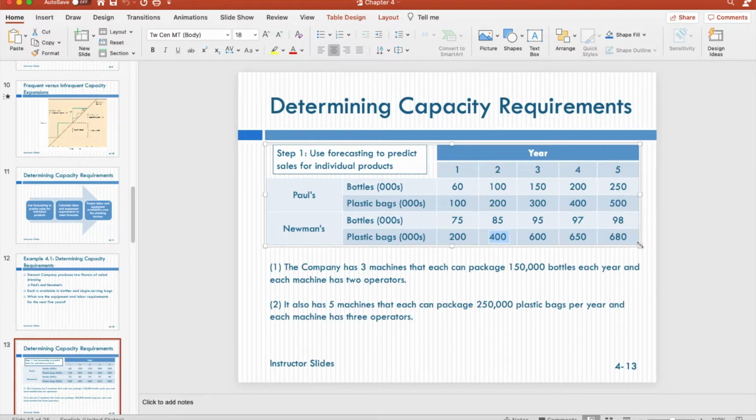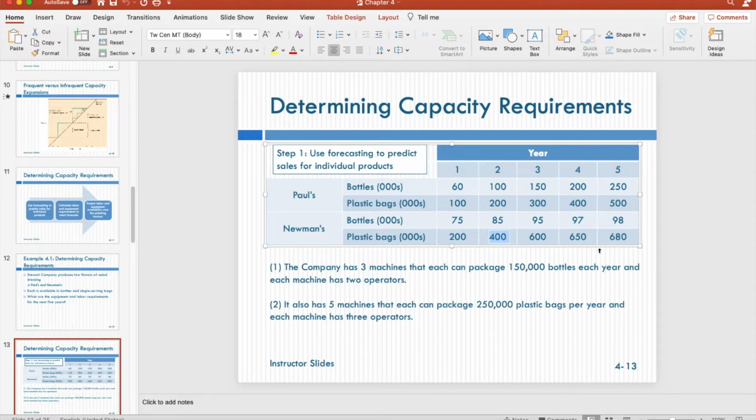Let's suppose that the forecasting procedure itself is accurate. But even if the forecast is accurate, it doesn't mean that you can fit the market demand well. You have to have enough capacity management ability.